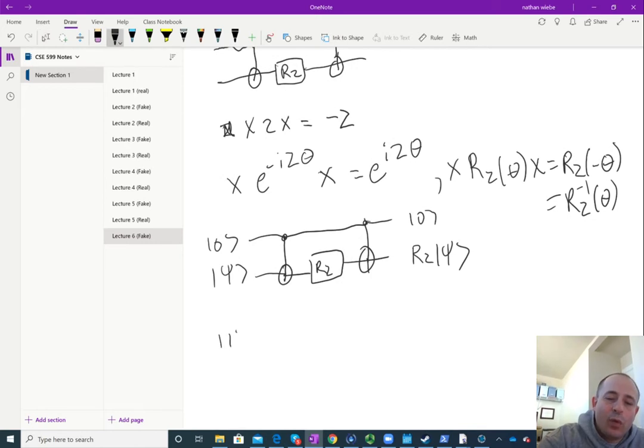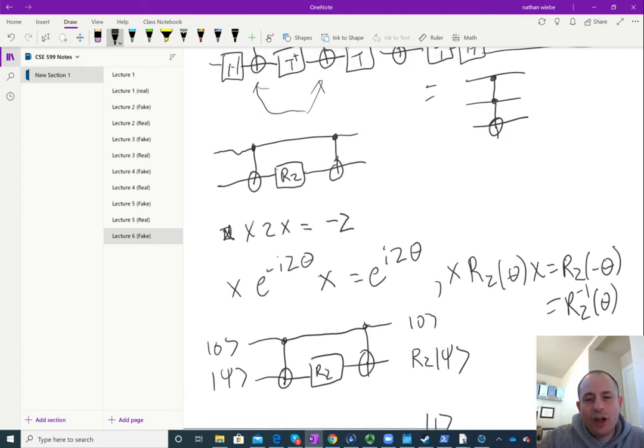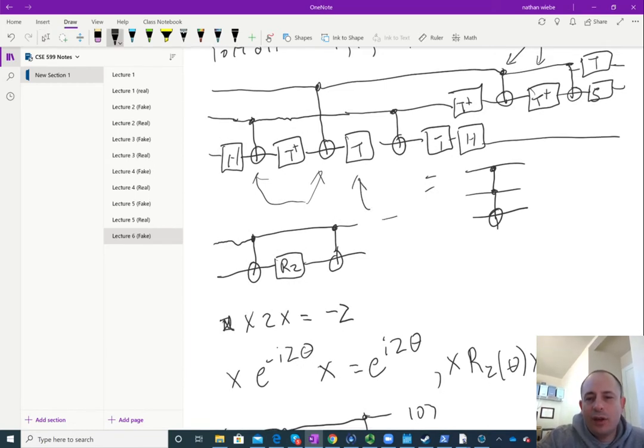However, if we put 1 and psi in there and stick it through the circuit, then what we get out the other side is 1 and RZ inverse psi. So this allows you to controllably flip the direction of the rotation, i.e. flip a T into a T dagger.